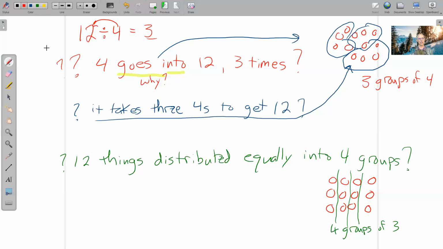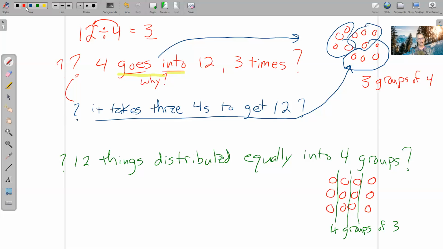So unless somebody is thinking something different than me, I think these two are kind of saying the same thing. We just have to reinterpret what goes into means. And although I use that language a lot, it doesn't mean much more to me than divide. What does divide mean? Does divide mean this? Does divide mean that? Do they give the same answer?